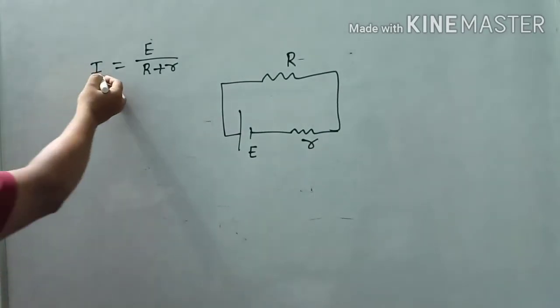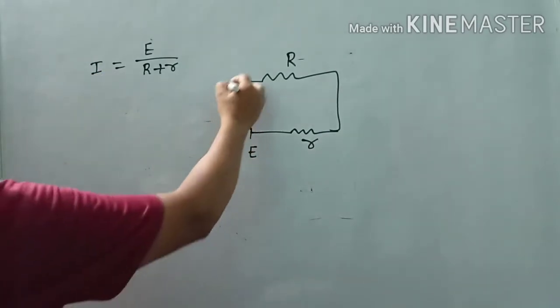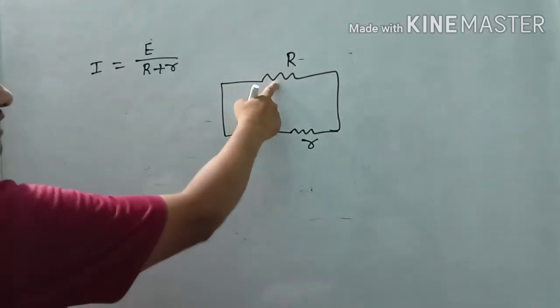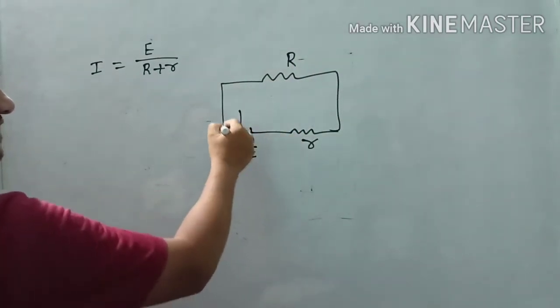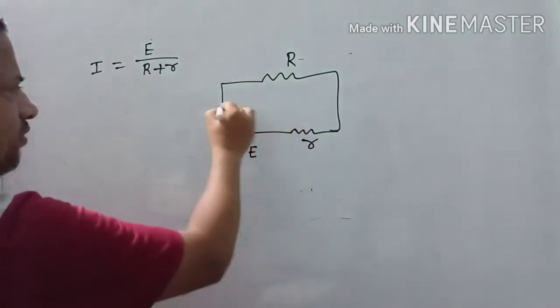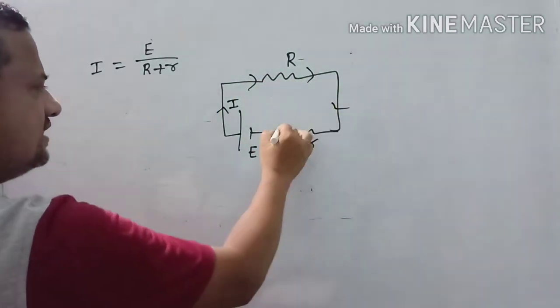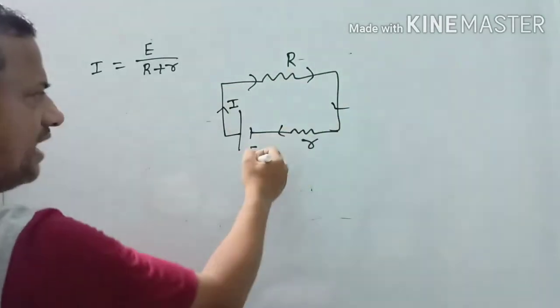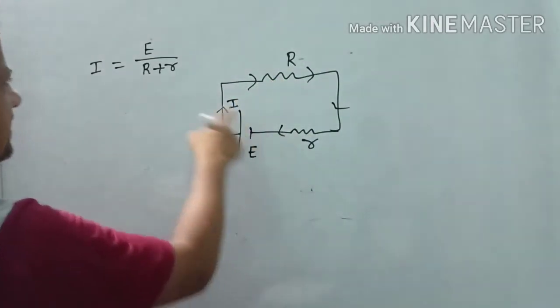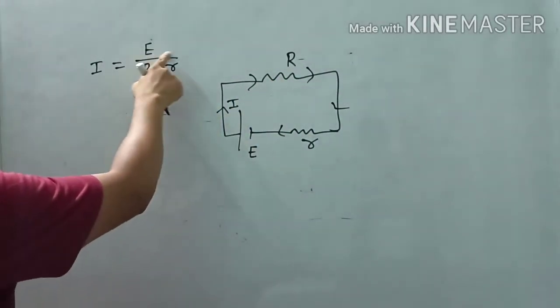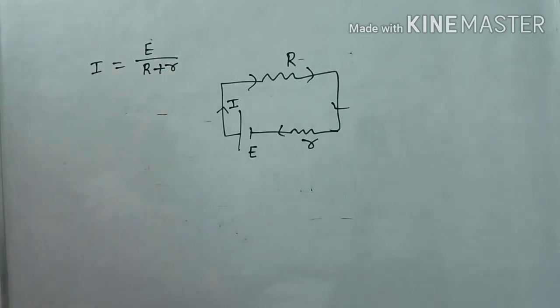So what is current? Current is EMF by total resistance. You see, both are in series because there is a single path of current flow. Current starts here and moves like this. Since current is in a single path, these two are in series. So net resistance is R plus r. So according to Ohm's law, current is equal to E divided by R plus r.